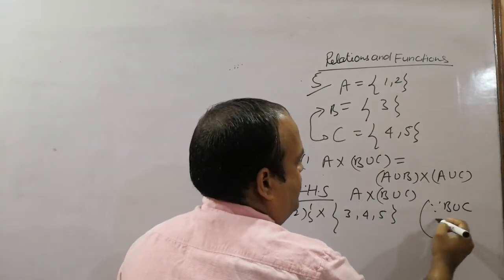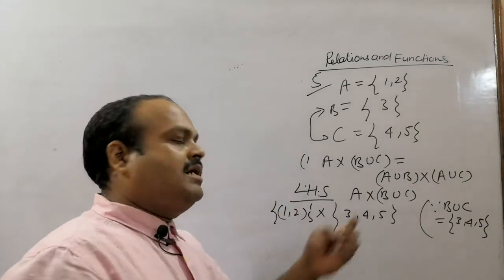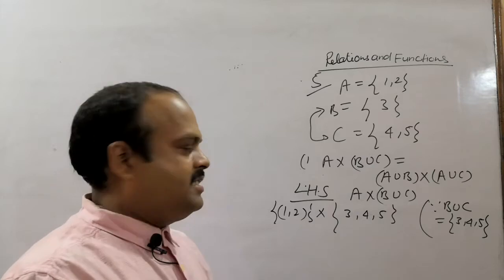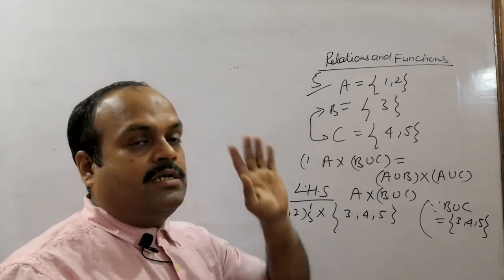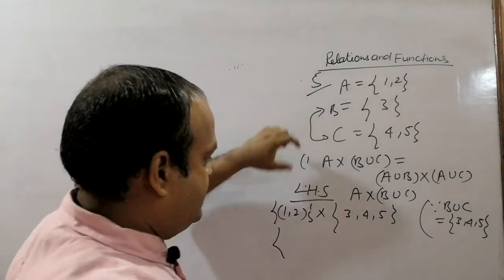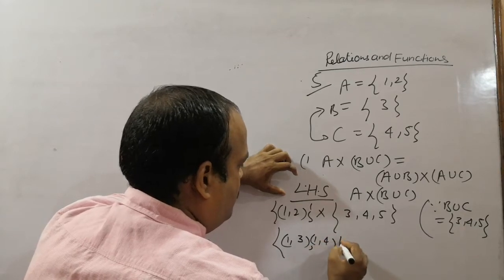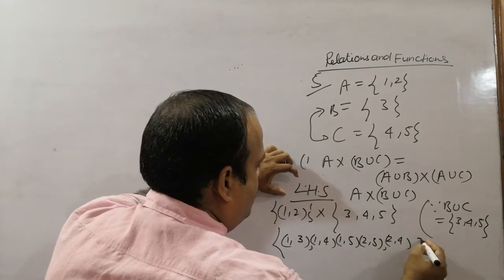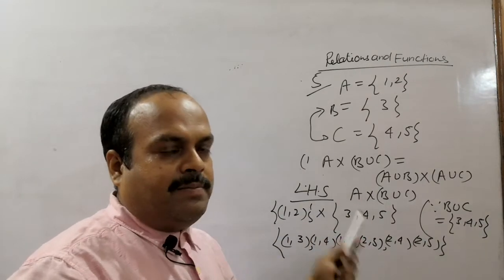Since B union C equals {3, 4, 5}, when you get the Cartesian product of A with B union C, you will get 2 elements in this, 3 elements in this, 6 ordered pairs. And these ordered pairs are (1,3), (1,4), (1,5), (2,3), (2,4), (2,5). This is the result of left hand side.